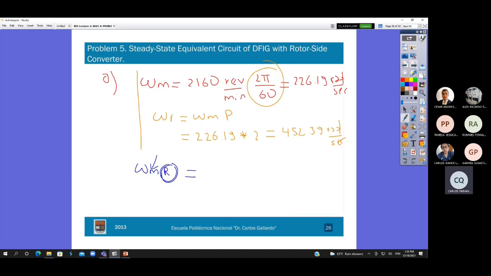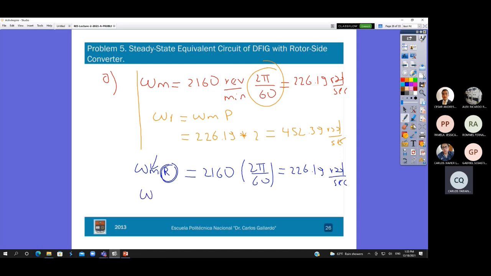Once again, using the conversion factor, I will get the same value, of course, 226.19 radians per second.